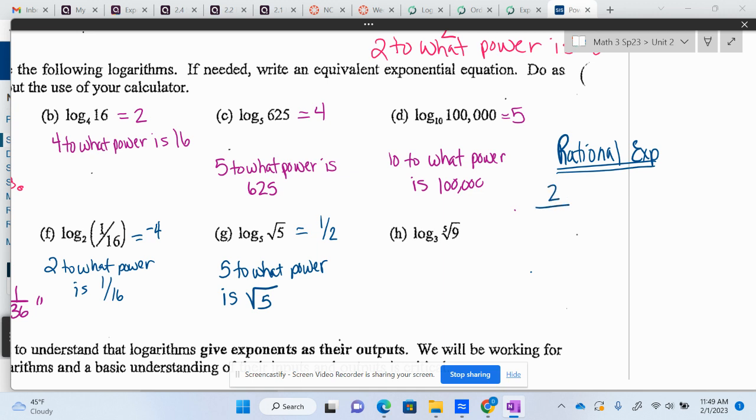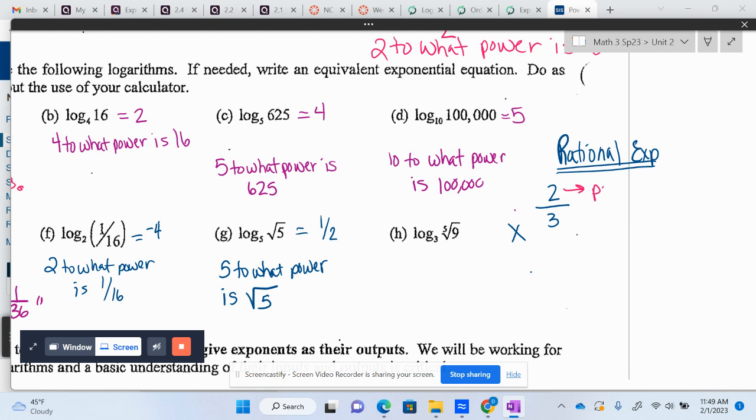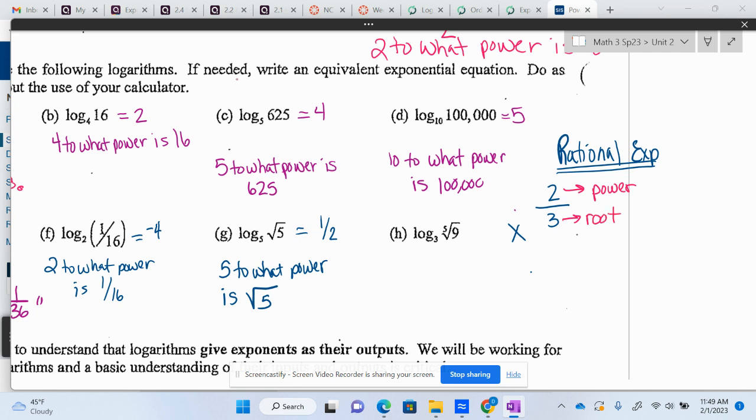If I said x to the power of 2/3, so 2/3 is my exponent, that's called a rational exponent. The numerator represents the power and the denominator represents the root.